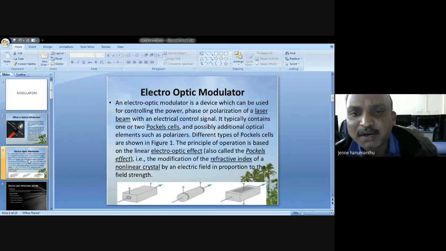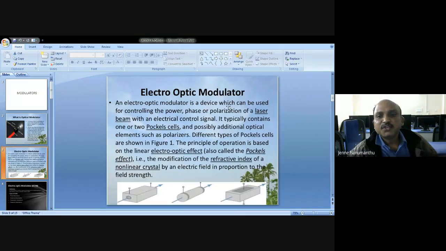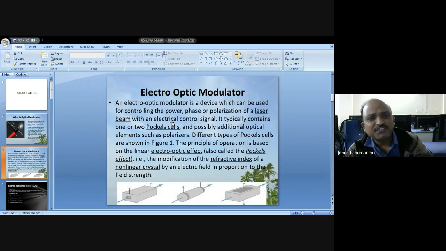An electro-optic modulator is a device which can be used for controlling the power and phase of the laser beam, and polarization or frequencies like this. We can change it, we can control it. How do you control it? With the application of an electrical control signal. This can be done.